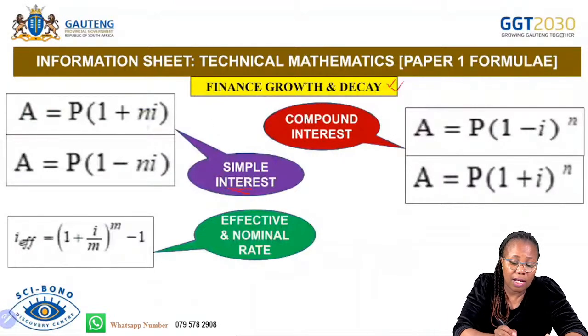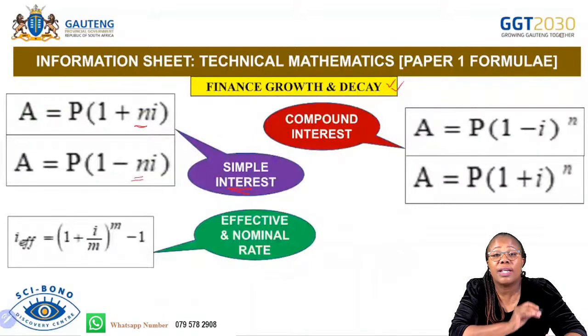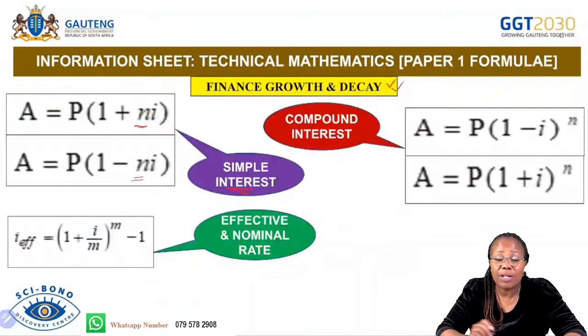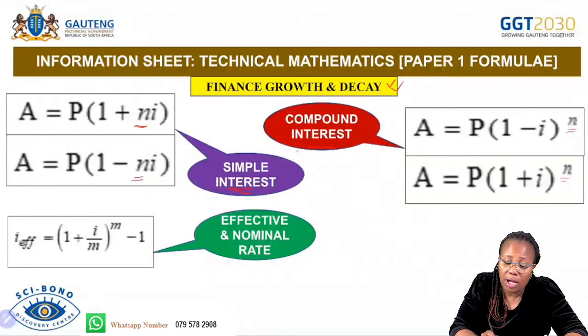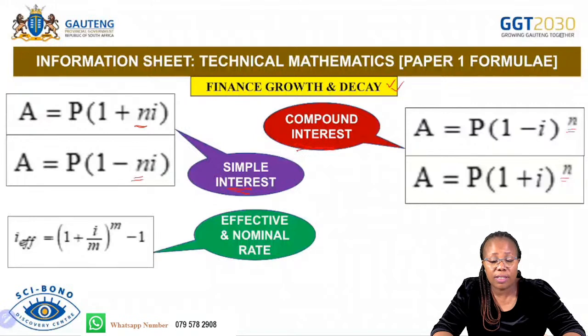As you can see, your n is not on the exponent. It's a linear equation, therefore that one is meant for simple interest. Then the ones that follow have n as an exponent. The minute your n is on the exponent, this is now compound interest, grade 12.